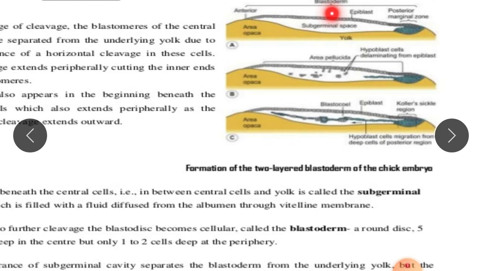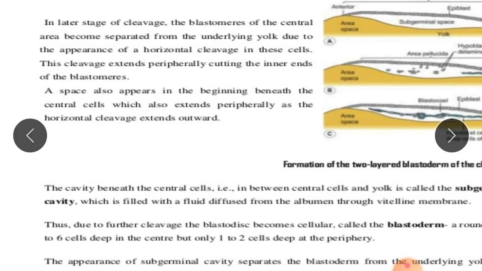Between the epiblast and the yolk, there is a cavity called the subgerminal space, also known as the blastocoele. This cleavage extends to the periphery, cutting the inner ends of the blastomeres.